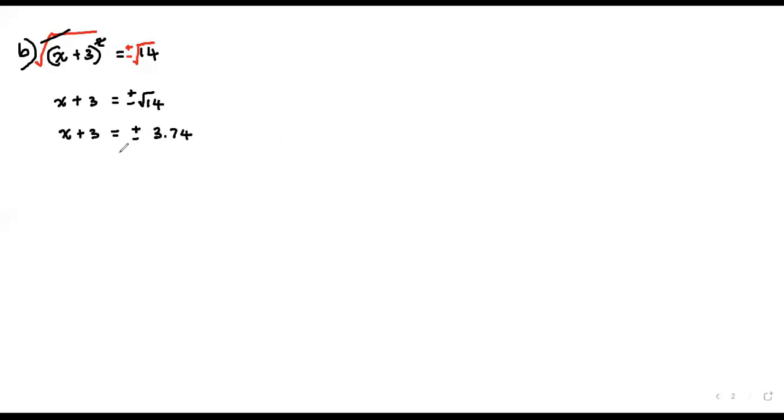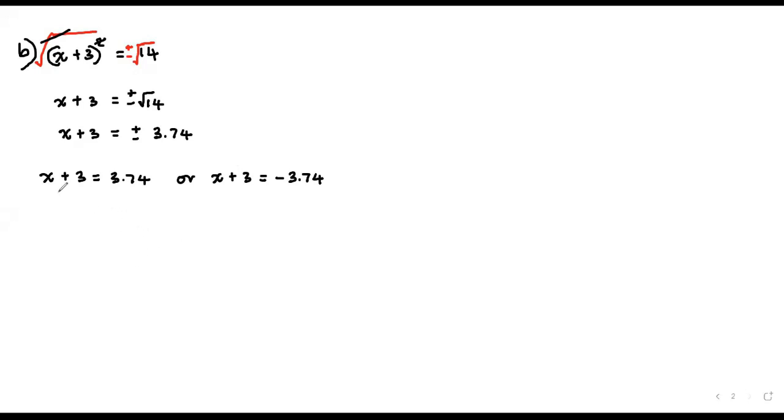Now we get 2 equations. Number 1 is x plus 3 is equal to 3.74. That is the positive square root. Then the next equation will be x plus 3 is equal to negative 3.74. Is that okay? Okay.